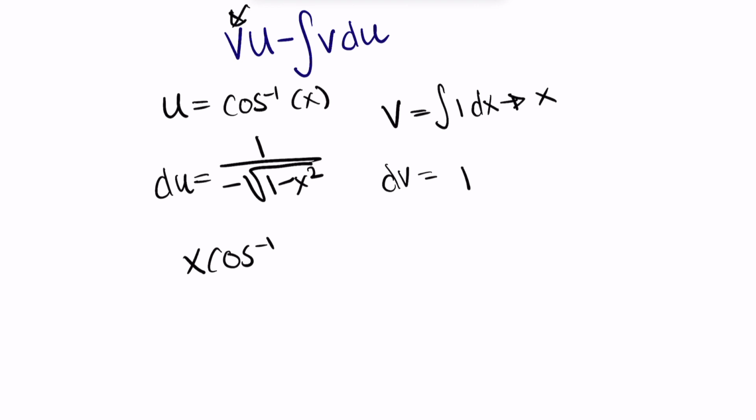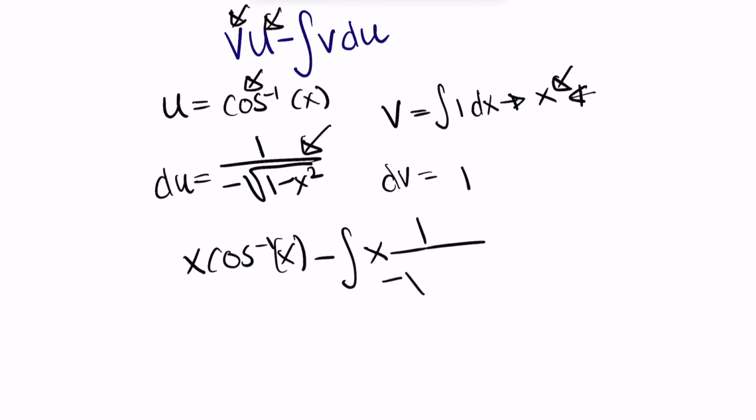I'm putting v as x and u as arccos x. Then we got minus the integration of v, which is x again. Here's x. And then you have du as 1 over negative square root of 1 minus x squared dx.